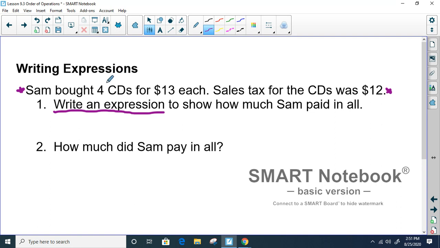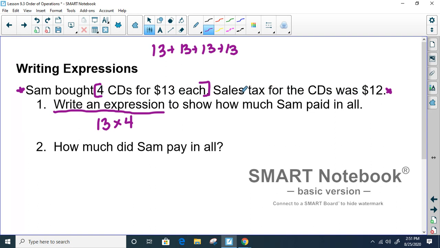So the first thing that I'm going to look at here is this 4 CDs for $13 each. If I'm in a store and I'm buying 4 CDs and each CD costs $13, I know that I can do 13 plus 13 plus 13 plus 13. But because that's repeated addition, I can simplify it to say $13 each times 4 CDs would give me the total.